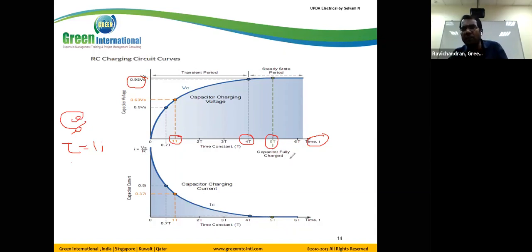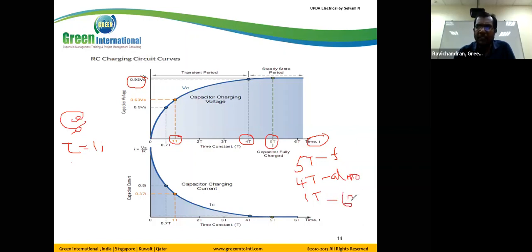So here we must remember 5t, 4t, 1t. At 5t it is almost fully charged. At 1t it is 63% charged, and at 0.7t it is 50% charged.